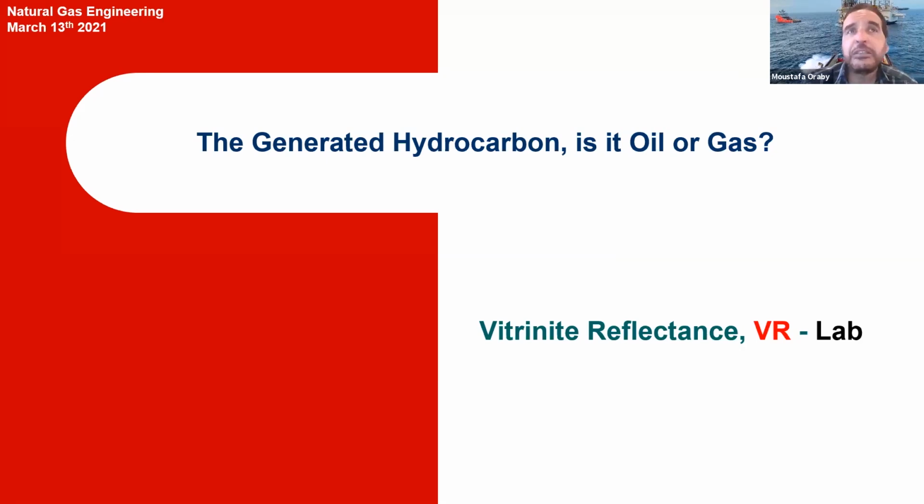So the vitrinite reflectance idea is, if your organic material is capable of producing hydrocarbon, it has to be soft. The hard organic material will not produce hydrocarbon. Just keep this in your mind. For the organic material to produce hydrocarbon, it has to be soft. We call it maceral.